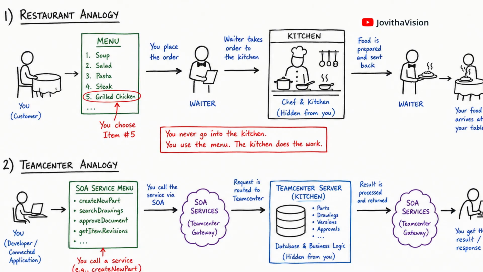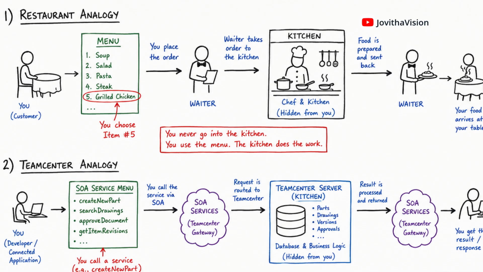Now, apply that to Teamcenter. Teamcenter data, which is all the parts, drawings, versions, approvals, is stored in a database. That database is the kitchen. You, as a developer or as a connected application, are the customer at the table. You are not allowed to go directly into the kitchen and change things yourself.